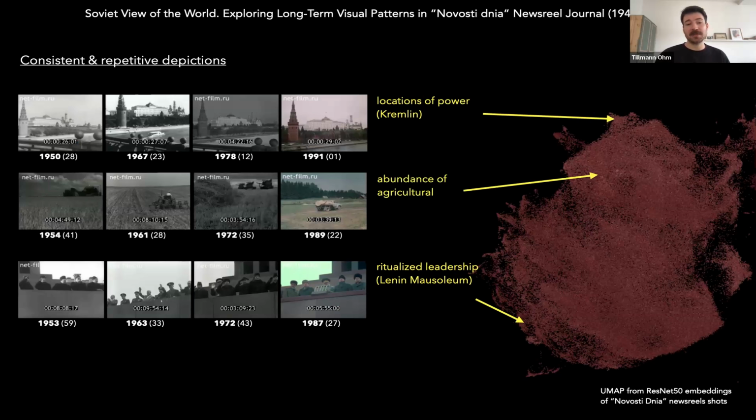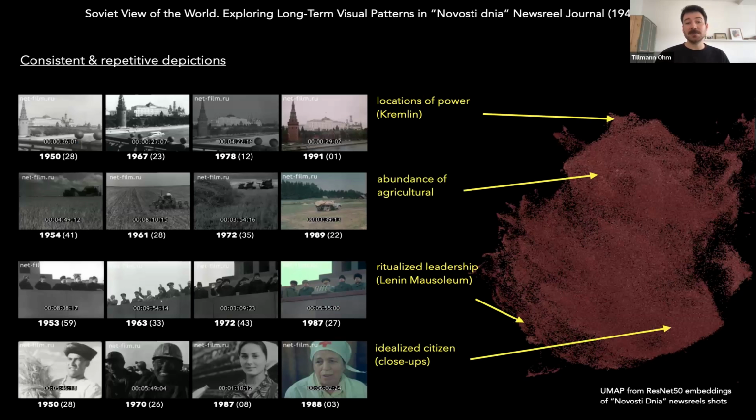Agriculture appeared abundantly, often used to emphasize prosperity and technological advancement. And the idealized image of the hardworking Soviet citizen, especially through close-up shots, was another motive that persisted across all decades. So these are just a few small examples from our study in which these findings are placed in a more comprehensive historical context, which I merely touched on here.